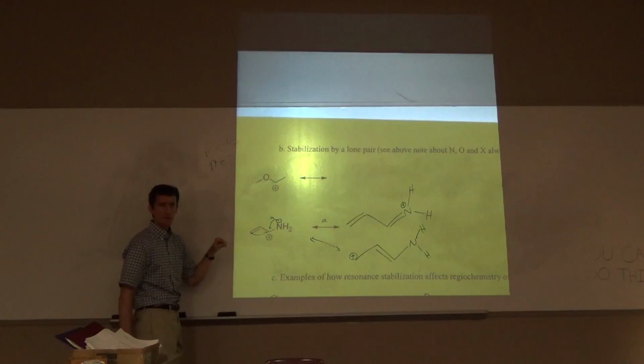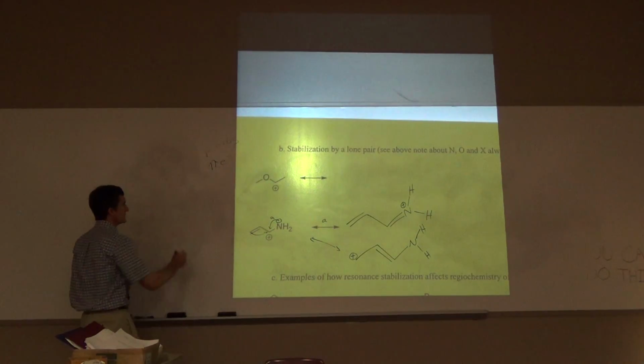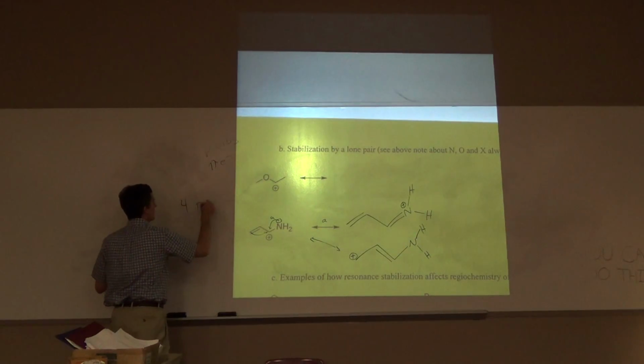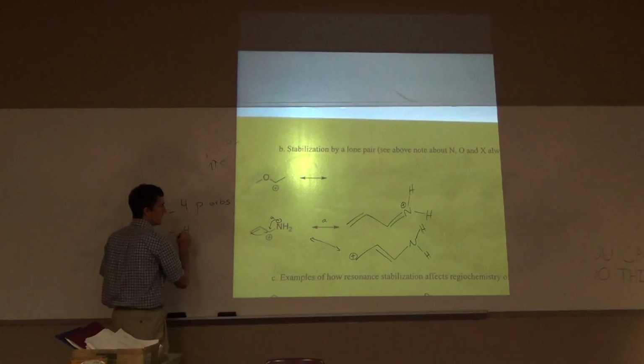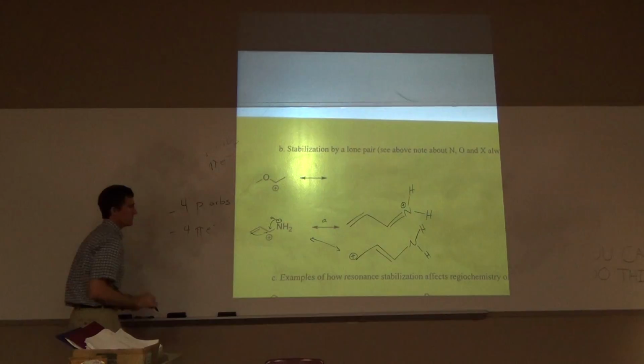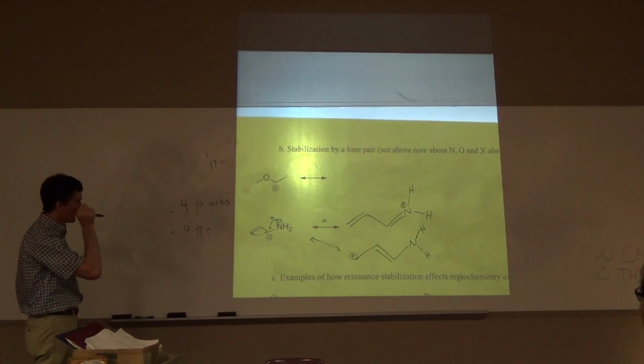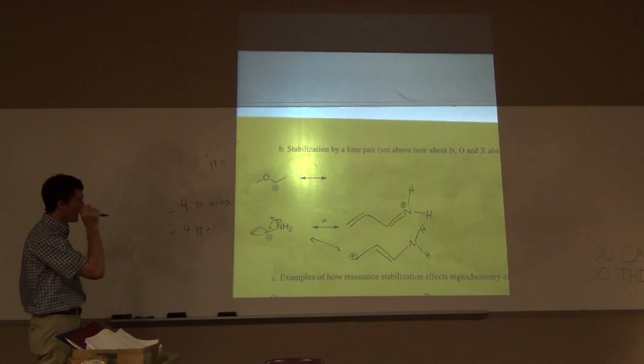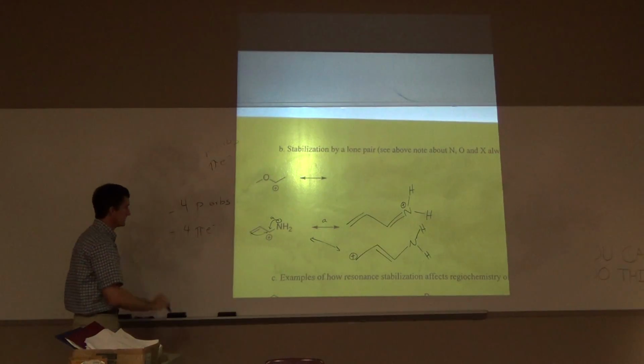How many p orbitals in the pi system? How many pi electrons in the system? Okay?